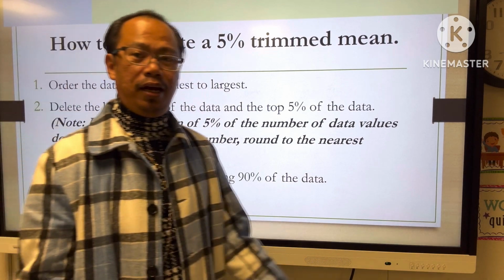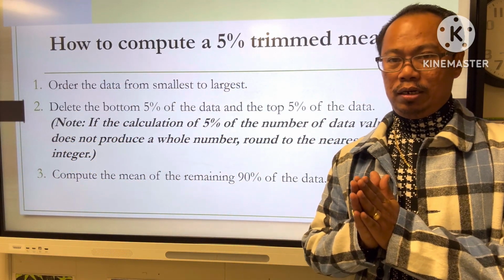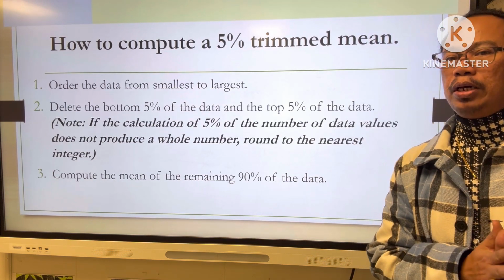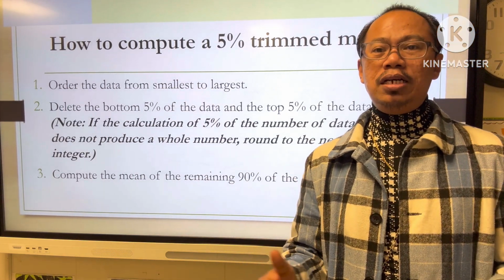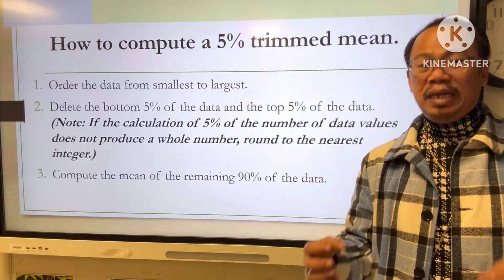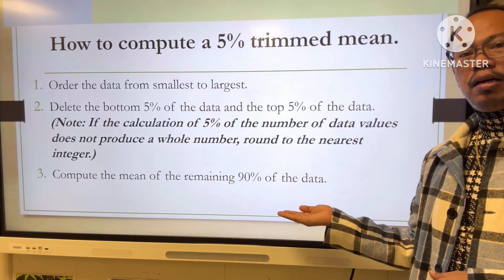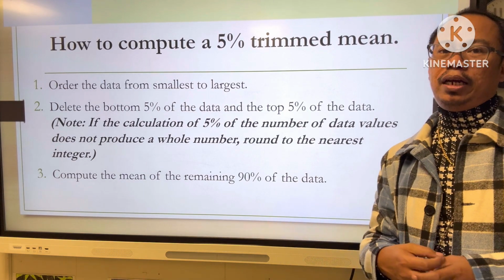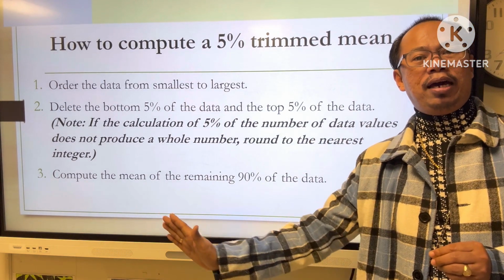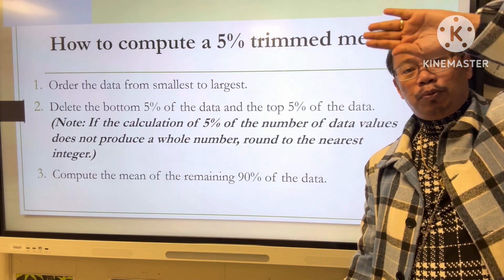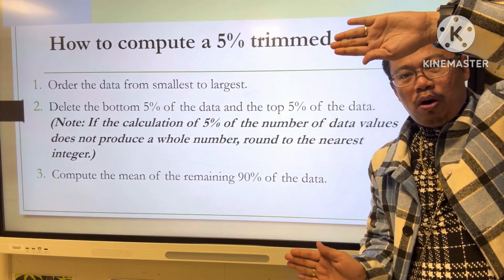After removing the 5% to the left and 5% to the right, you calculate the mean. The mean that we're going to calculate this time is of the 90% of the data, because we remove 5% to the left and 5% to the right, or 5% from the top and 5% from the bottom.